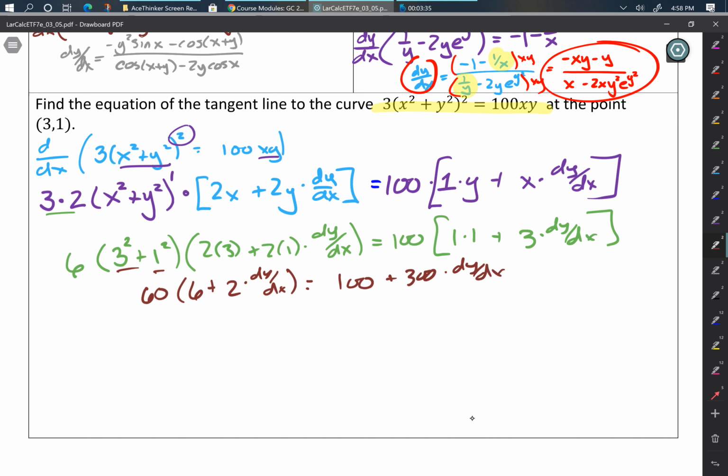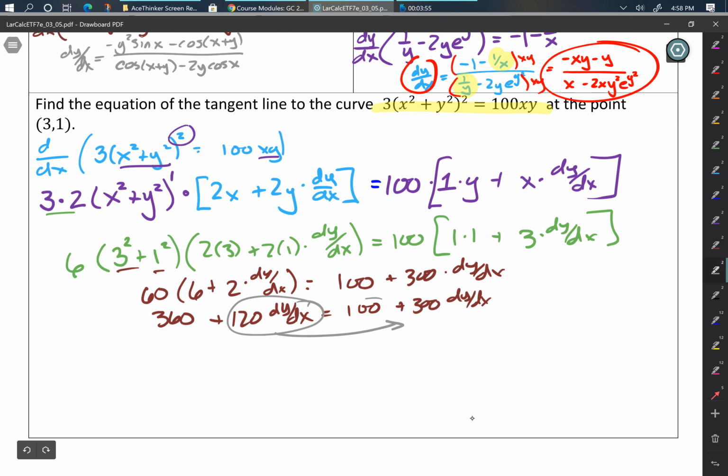Okay. 6 times 60 is 360 plus 120 dy/dx is equal to 100 plus 300 dy/dx. Move the dy/dx's. In this case, I'm going to move the dy/dx to the right and the constants to the left. So that's going to give me 260 is equal to, what is that going to be? 300 minus 120 is what, 180?